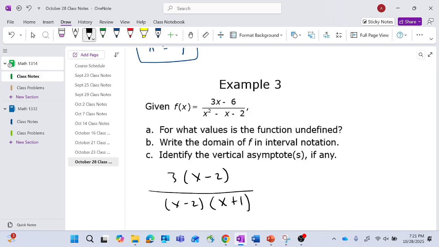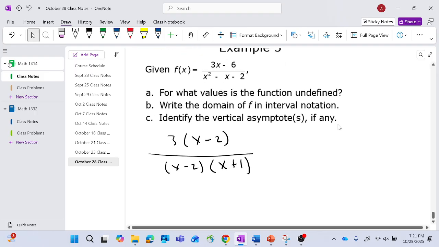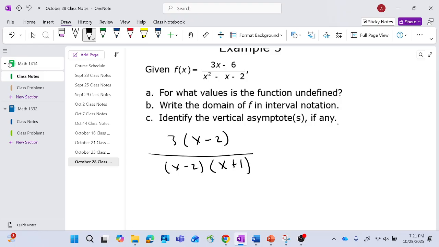The top has a GCF of 3, so you can factor out a 3 to get 3 times x minus 2, all over x minus 2 times x plus 1. And that's your factored form, and that's what I'm going to work with.